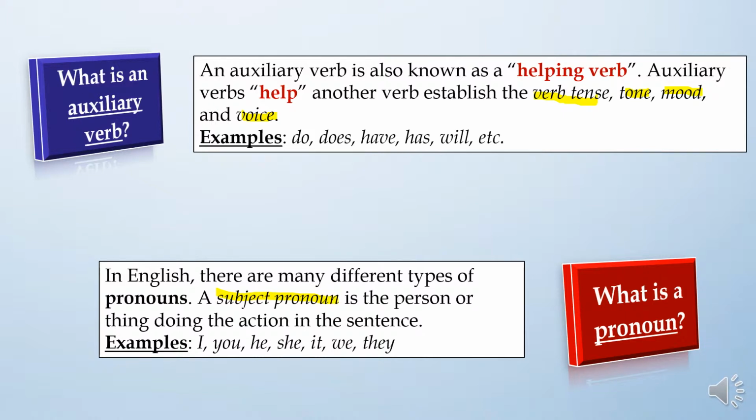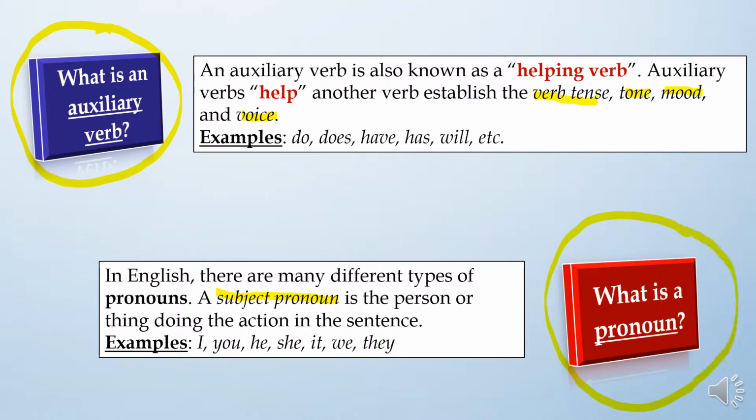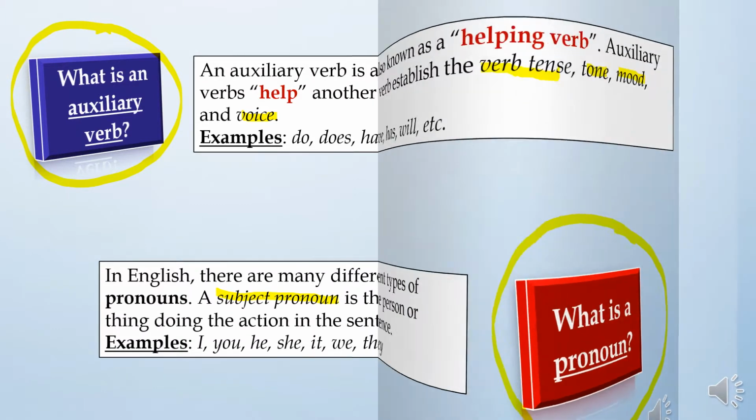Those are called subject pronouns. Knowing what an auxiliary verb and a pronoun are is going to help you when you structure your sentences and your questions, especially in this video right now.